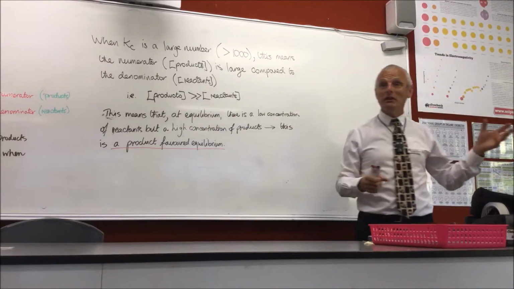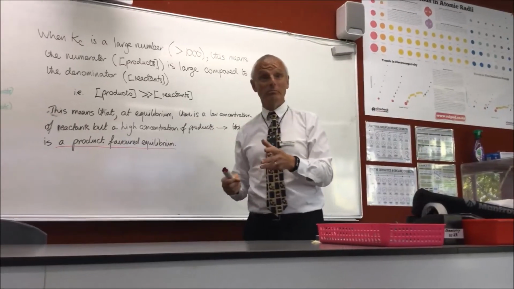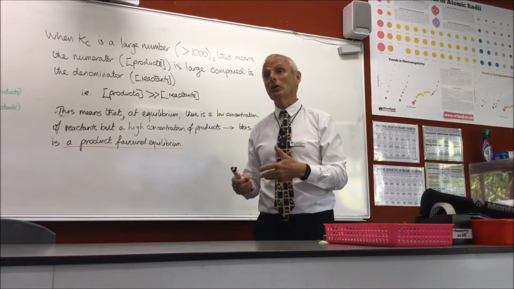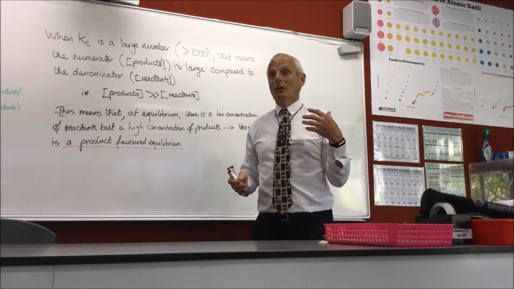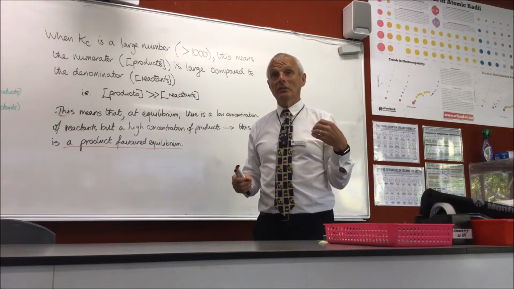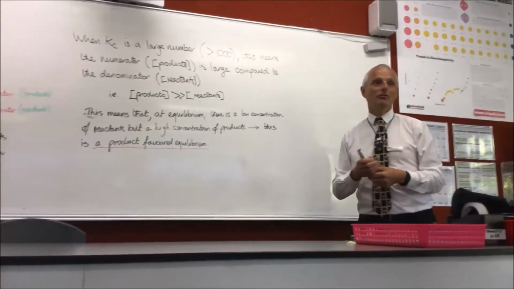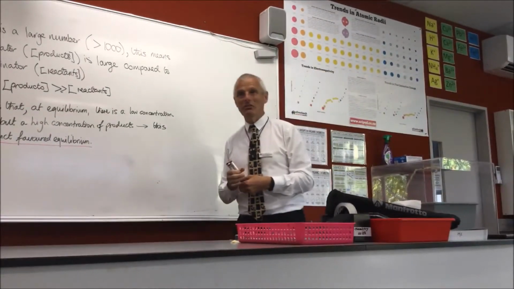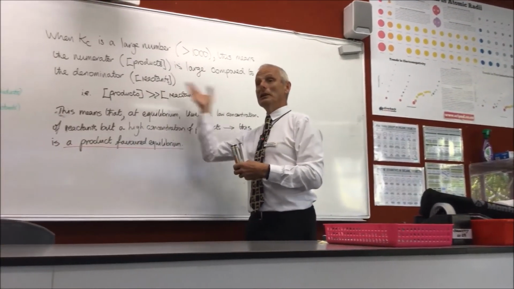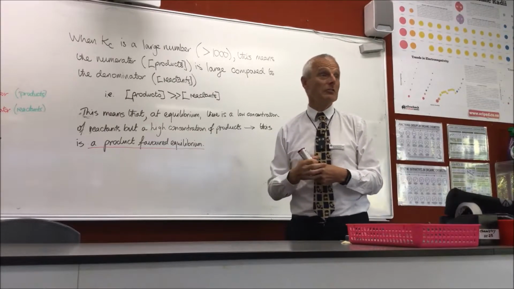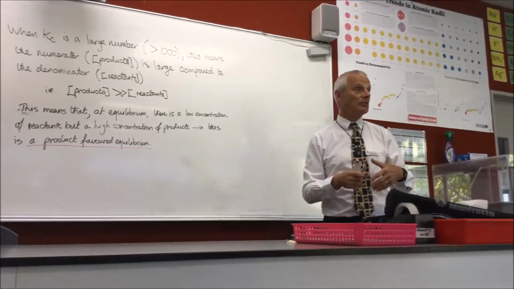In other words, you've basically gone to completion. So when you talk about a reaction going to completion, it means you've got no significant reactants left, they're all products. So if you get something like 10 to the power of 12 for Kc, it's telling us you've basically completely reacted away all your reactants. Okay, so that's what we call has gone to completion.